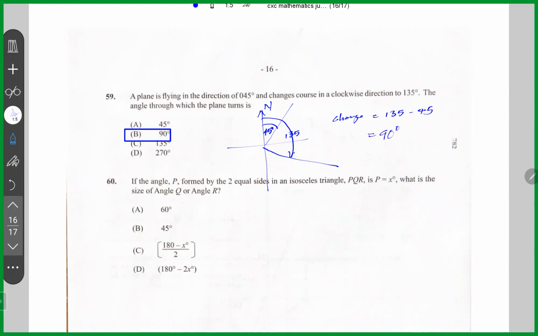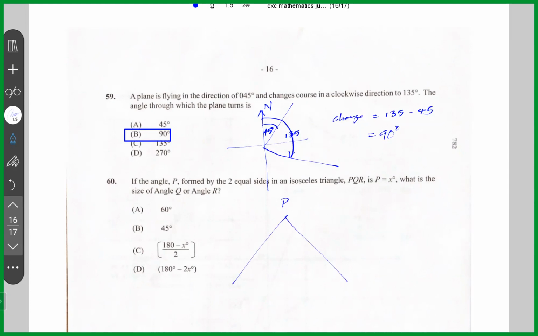All right, lastly, the angle P is formed by two sides of an isosceles triangle, PQR.